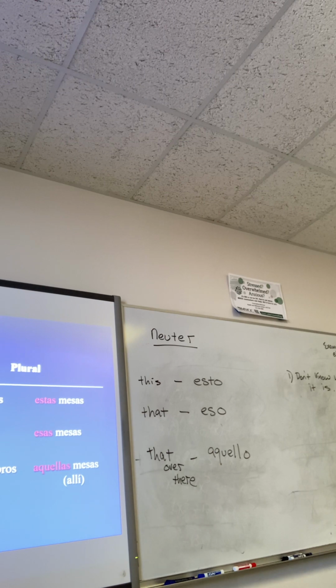But as long as I don't know what something is, okay, ¿qué es esto en español? What is this in Spanish? And you're like, oh, la puerta. Okay, esta puerta es fea. This door is ugly. Okay? But I wanted to know how to say it all in Spanish. So if I don't know, then, okay?